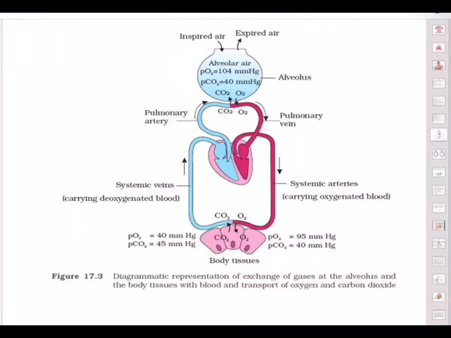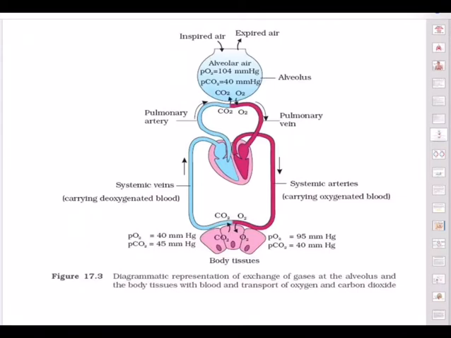Now we come to exchange of gases. Now there are three layers here. One is the alveolus. In the alveolus you can see inspired air entering into alveoli, and this is entering into the pulmonary vein, and pulmonary vein to systemic arteries. From systemic arteries, it is entering into body tissues. So oxygen is given to body tissues, but there is a condition.